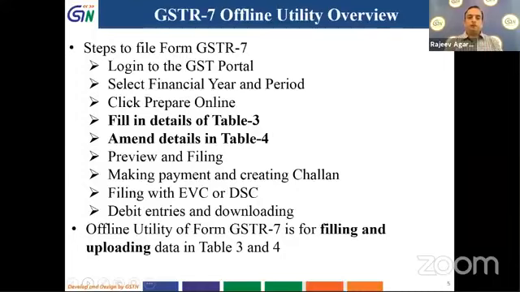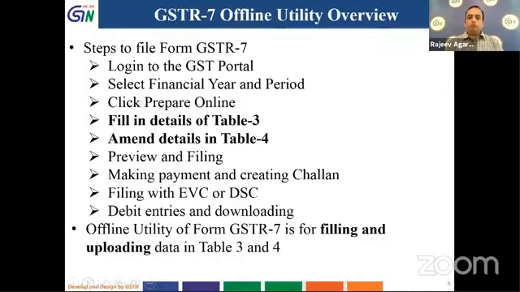After that, you fill in details in table 3 and table 4. You preview, make payment. If a challan is needed, you create a challan, make payment, and then you file with EVC or DSC. Later on, you can see the debit entries and download the return. So these are the basic steps involved in filing GSTR 7 online on the portal.